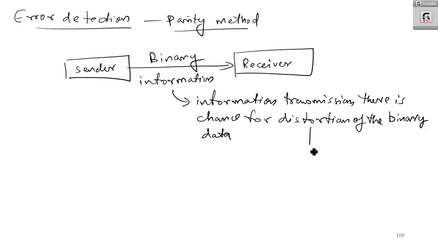Now why does this distortion occur? This distortion occurs due to noise and disturbance in the circuit.